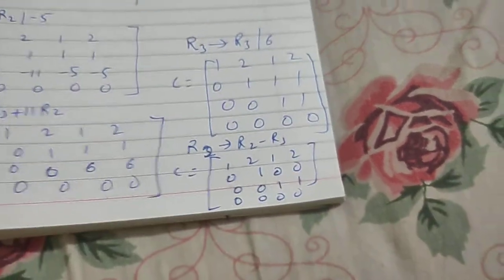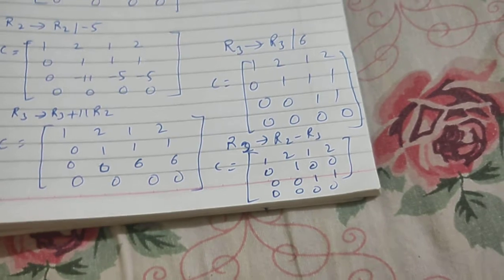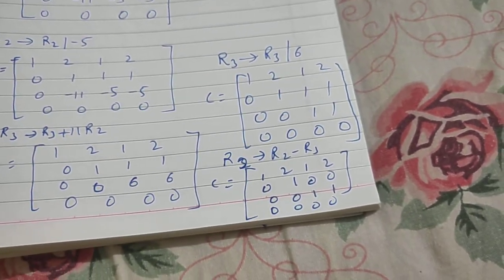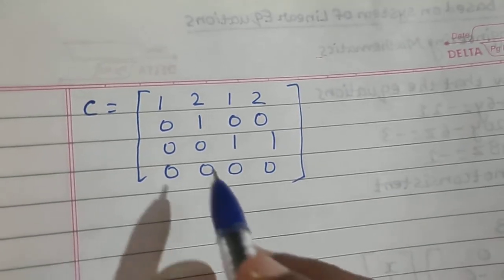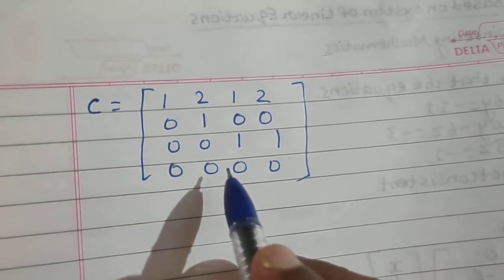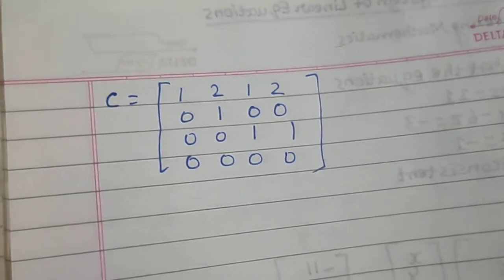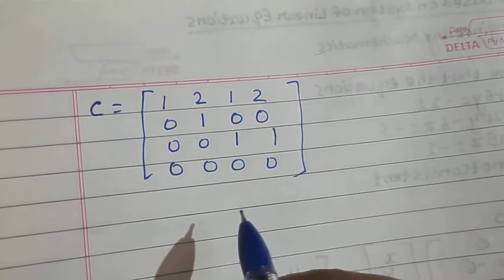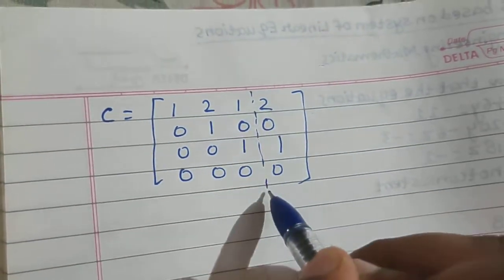And now I think the time has come to say that this augmented matrix, let's write this once again in the next page. So this is our augmented matrix, and you see this is a better echelon form than what we get usually. Now notice this, this was the augmentation.